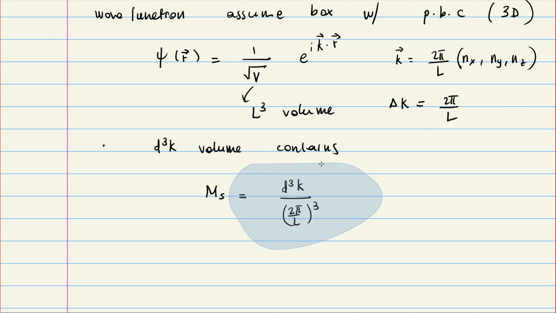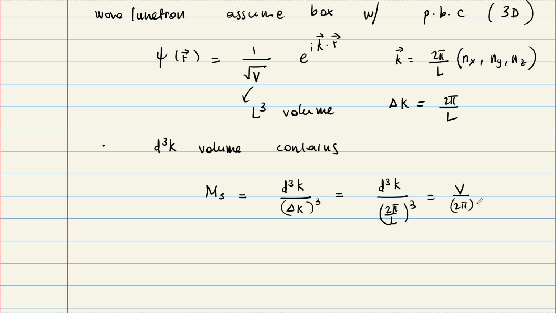Let me write this in two steps. This one is delta k cubed, and this one is V over 2 pi cubed times d cubed k. So this is the number of states.